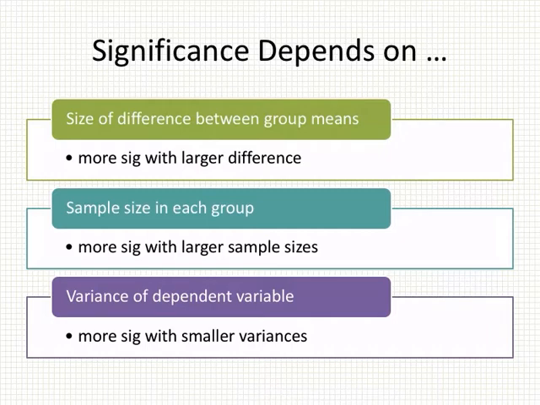If there were larger sample sizes, it would be easier for us to say there is a significant difference between the means, because even if there's only a small difference, with a large sample size you would more likely infer that there is a difference.